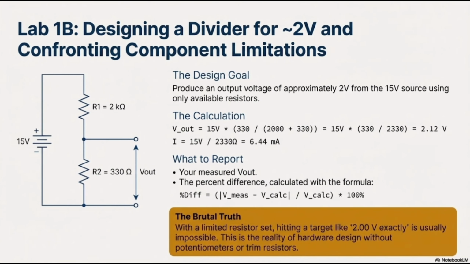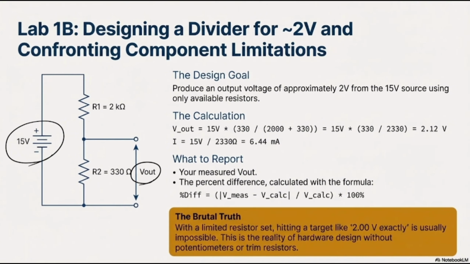Then for the second part of the lab, we are going to design a divider for 2 volts and confront component limitation. So what does it say? The question is like this. Imagine that you have 15 volts as your source voltage, and the question asks what should be the combination of your two resistances in series if I would like to have a Vout of 2 volts.